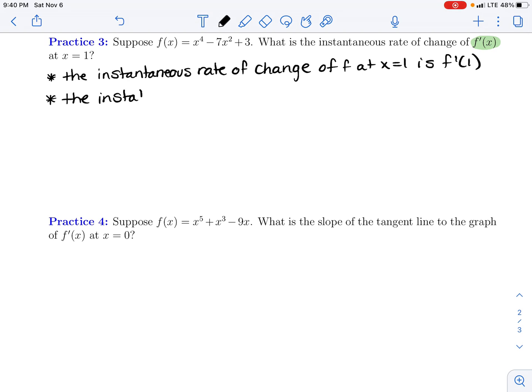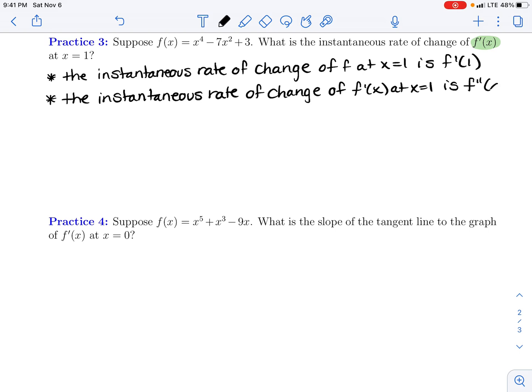Okay, so the instantaneous rate of change of f prime of x at x equals 1 is the derivative of f prime of x at x equals 1, which is the second derivative at 1.